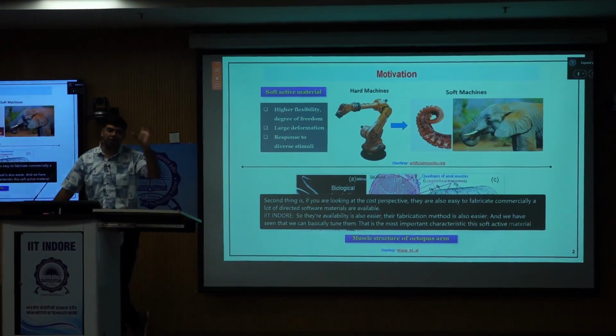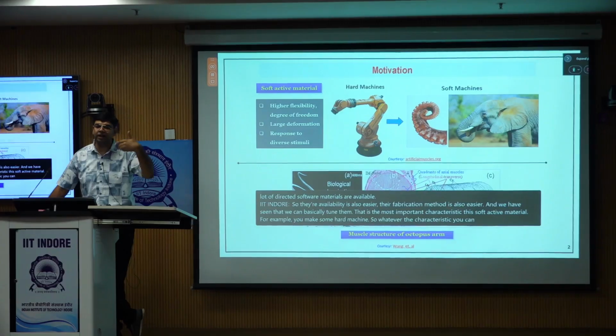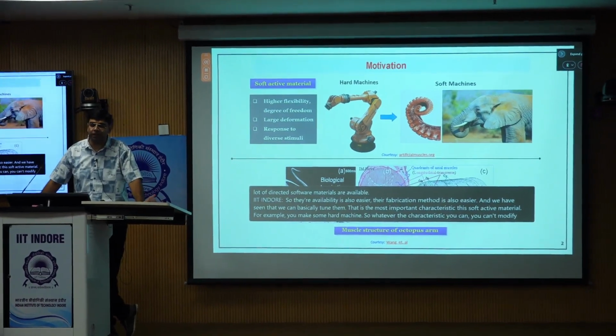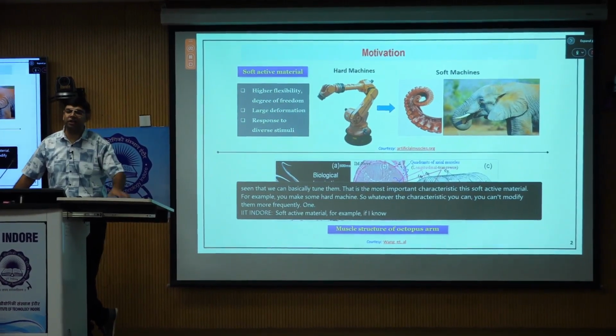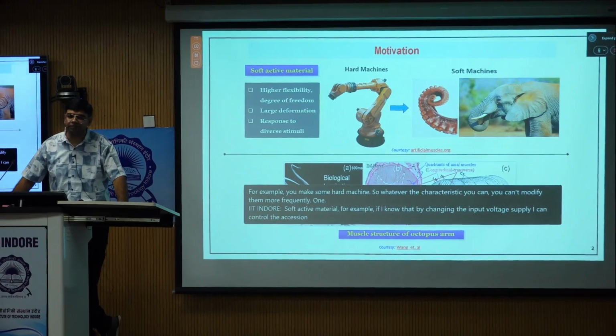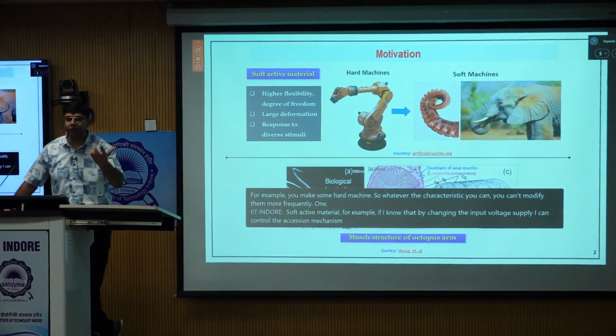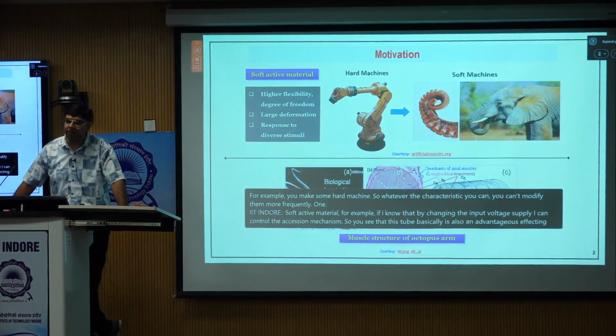For example, you make some hard machine, whatever the characteristic, you can't modify them frequently. But in soft active material, if I know that by changing the input voltage supply I can control the actuation mechanism, you see that this tuning is also an advantageous effect in soft active material.